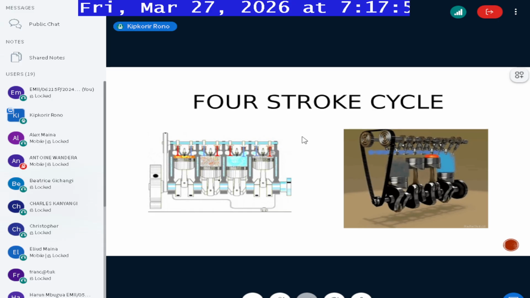Then the second one, I believe, is exhaust. And the green one is intake. And then there is compression. So the one on the far right is undergoing compression.